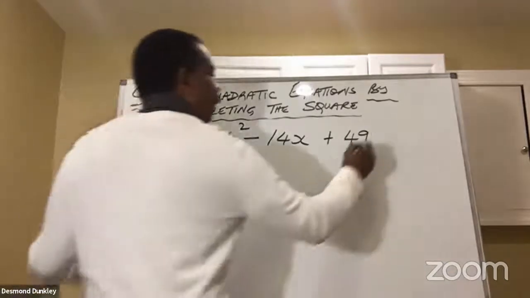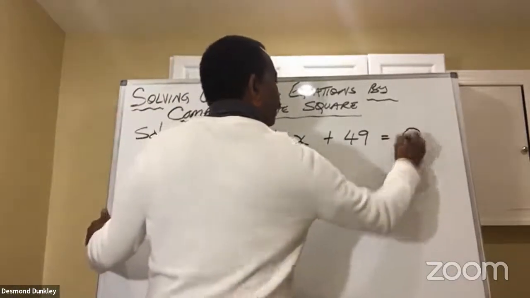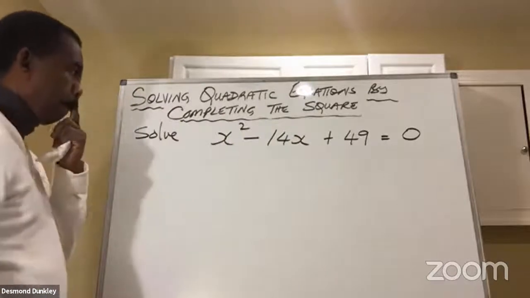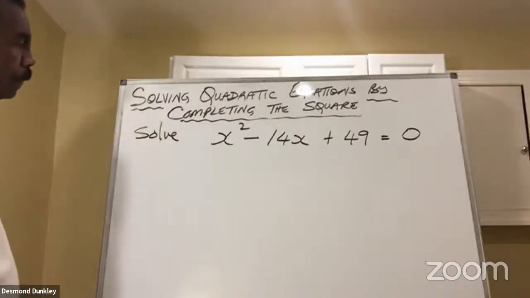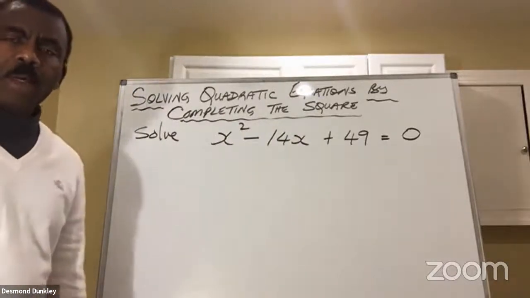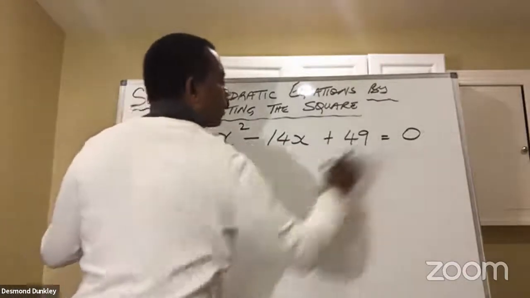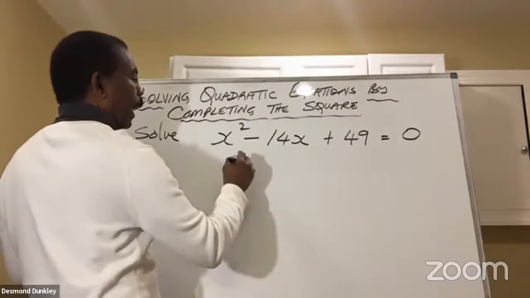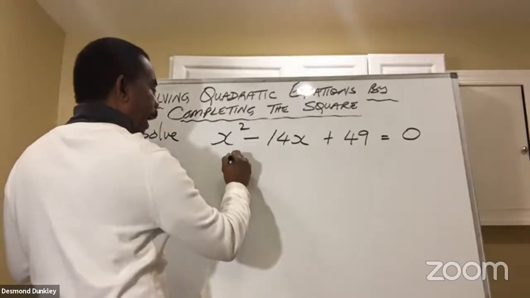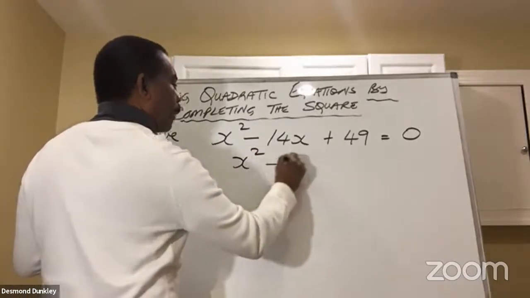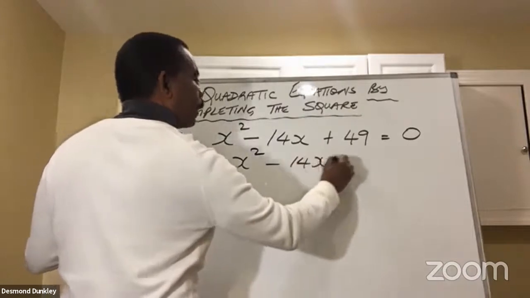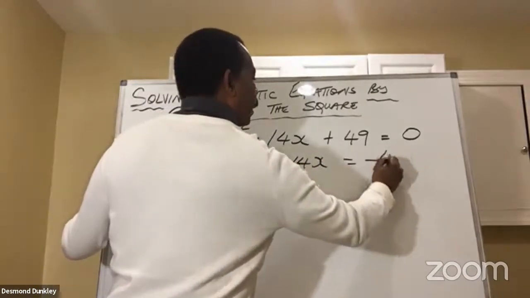Okay, equal to 0. Okay, ready? Here we go. Get rid of this over to that side. So we end up with x squared minus 14x equal to negative 49.